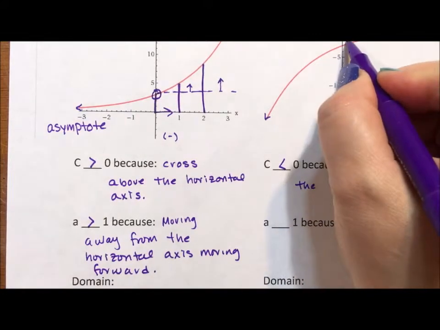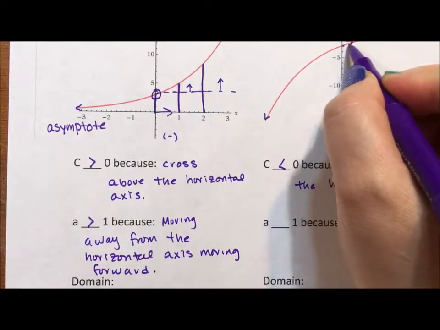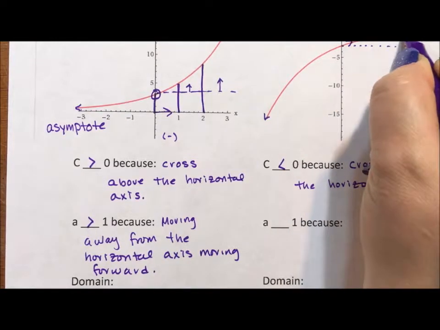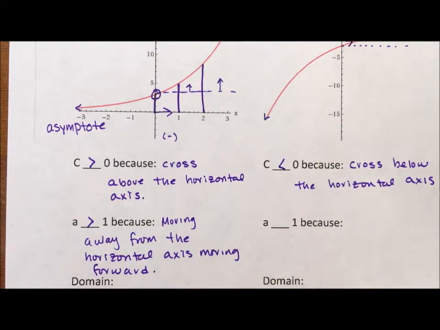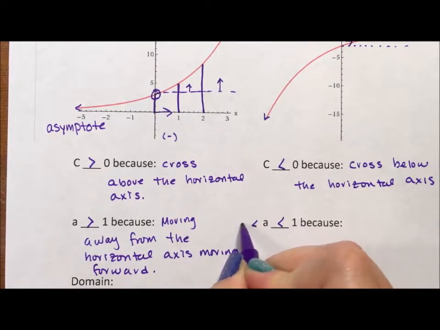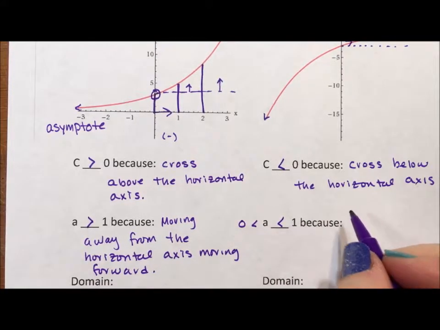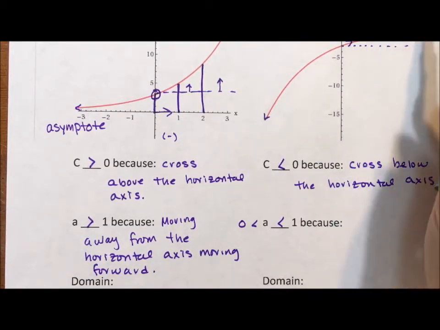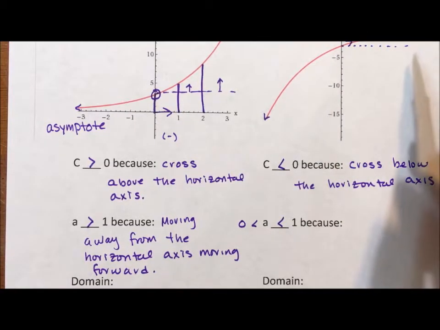Versus this one, as we move forward in time, if this is our one line, again, each of these is smaller. So this one, and I'm going to make it a little more interesting, I'm going to say a is less than 1. We're also going to say it's greater than 0 because your factor cannot be negative. If it were, we would bounce back and forth in a really bizarre, not smooth graph.